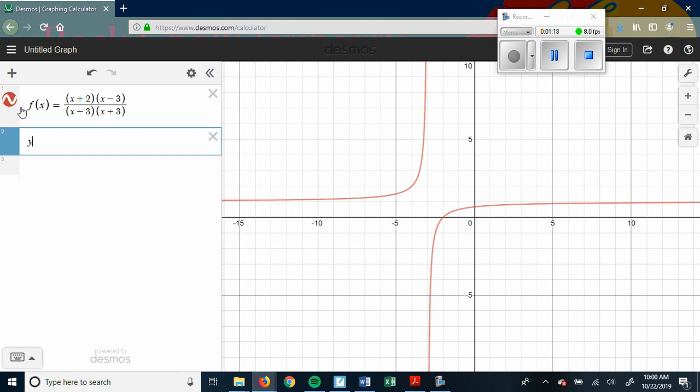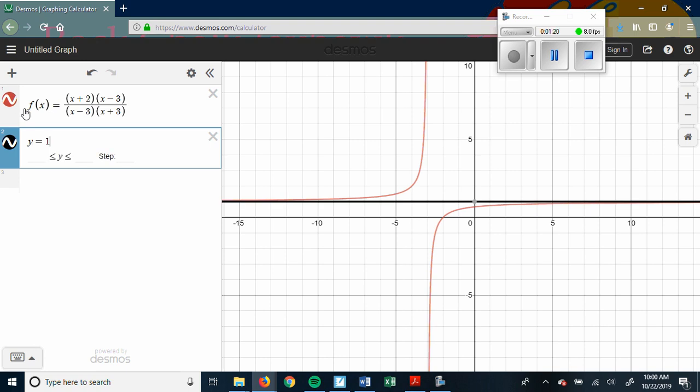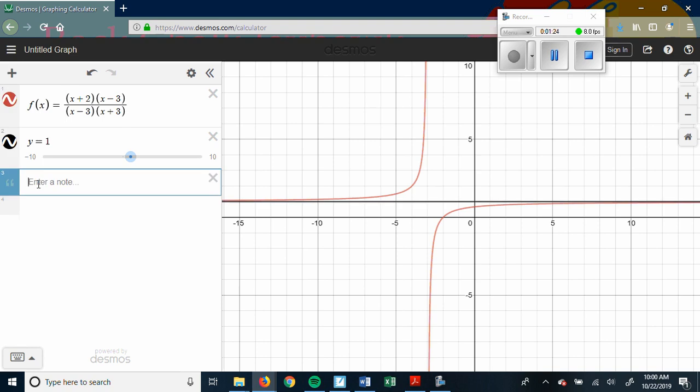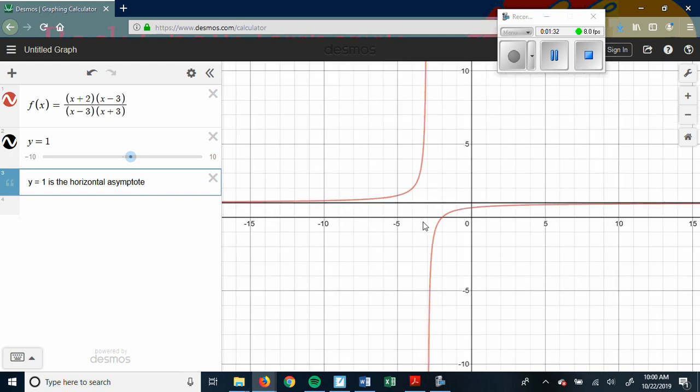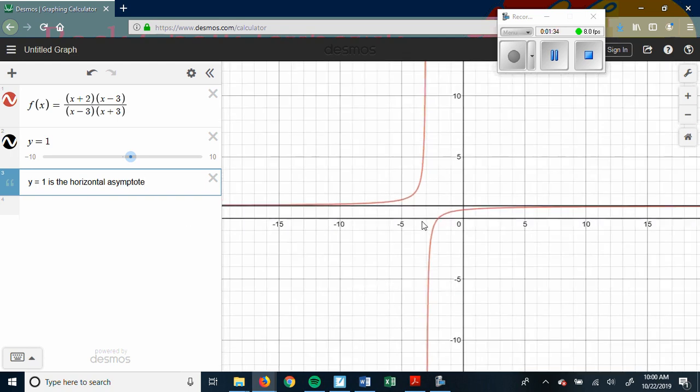You can see that y equals 1 kind of splits that graph. So y equals 1 is the horizontal asymptote. If we keep zooming out, that red graph stays above it here and stays below it here.